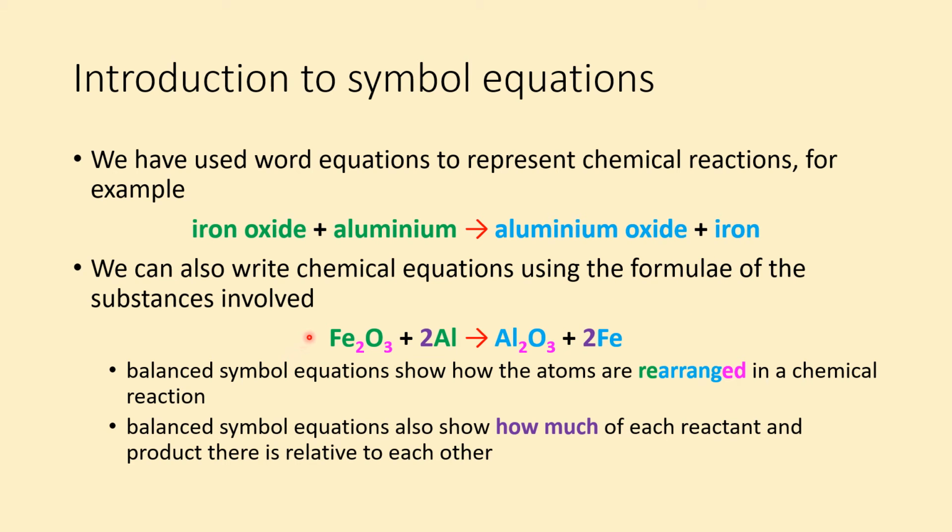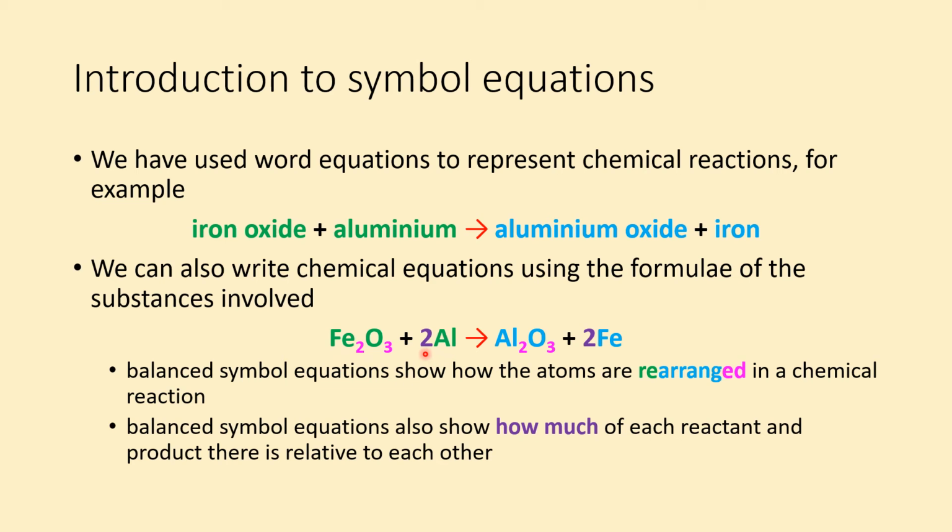So this equation is giving you exactly the same information as the word equation, because it's showing you that iron oxide and aluminium are reacting together to produce aluminium oxide and iron, but it's also showing you how much of each reactant and product there is relative to each other and how much of each atom.